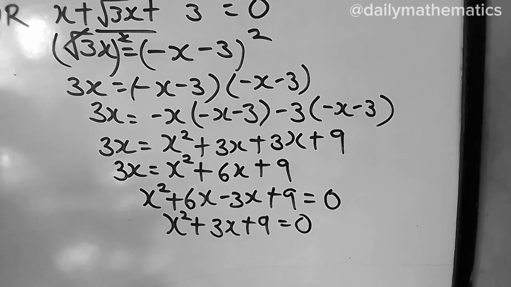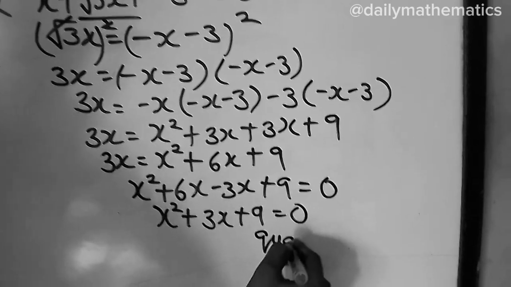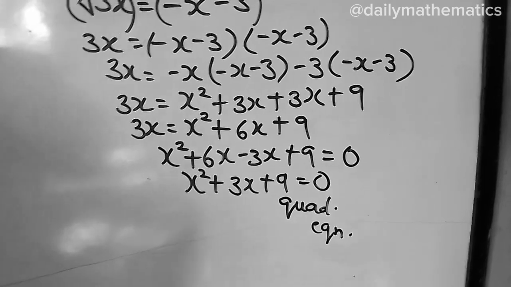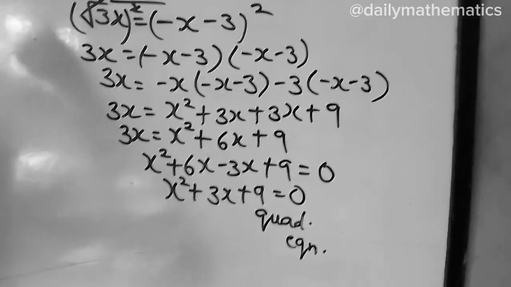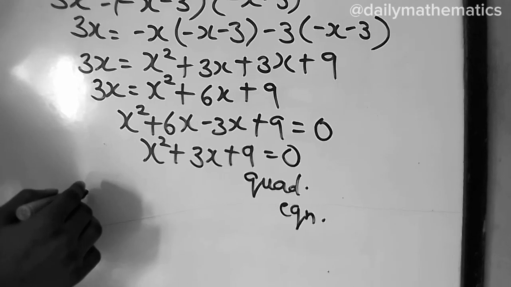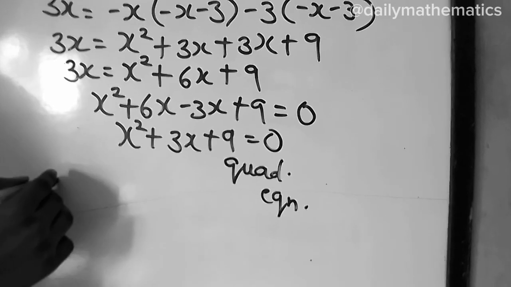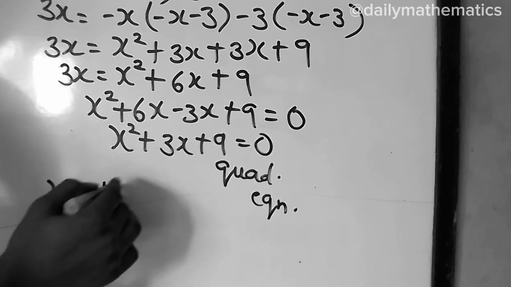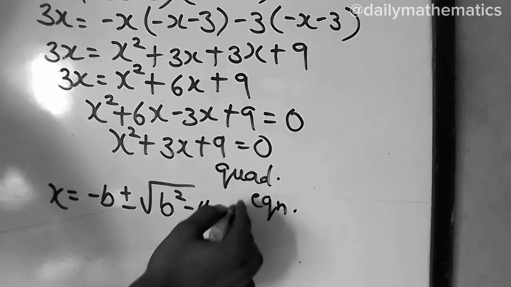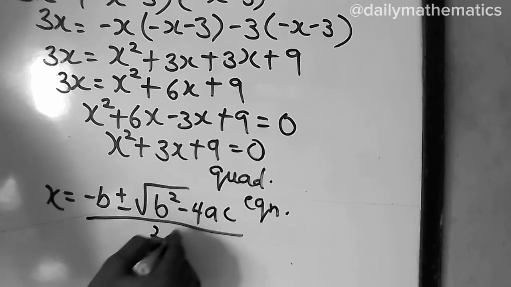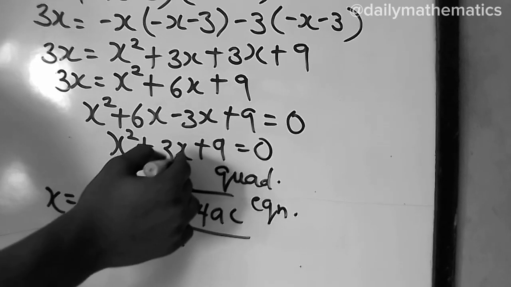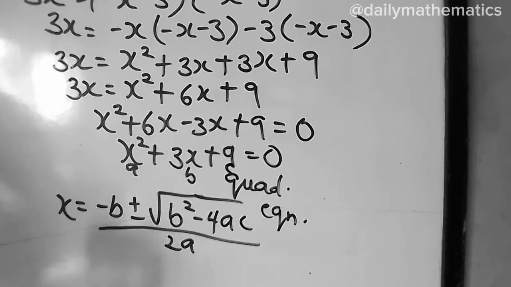So from here we have a quadratic equation, and we'll use the formula method: x equals minus b plus or minus square root of b squared minus 4ac, over 2a. From here we have a, b, and c.